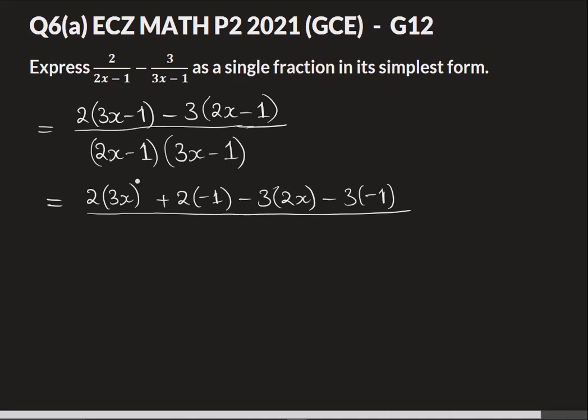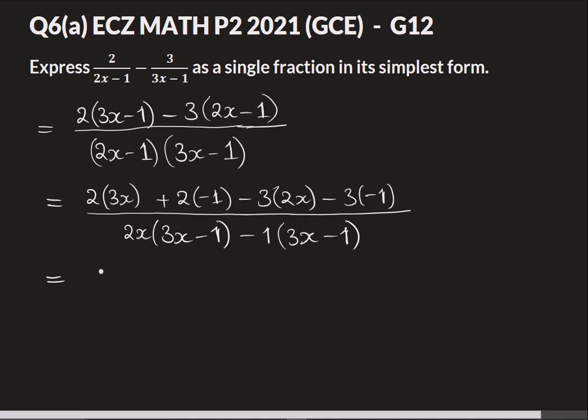In the denominator, we could also start the process of expanding, since we know what's going to happen. So we have a 2x multiplied by 3x minus 1 multiplied by 3x minus 1. You can see we've built up from the basics. We started with questions like this and now we're using that knowledge.